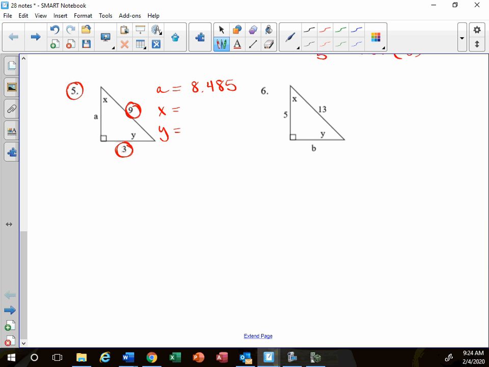So if I start with x, it looks like I know the opposite and the hypotenuse. So I probably want to use sine. So you're going to key in inverse sine. You can do 3/9, you can do 1/3, it doesn't matter.